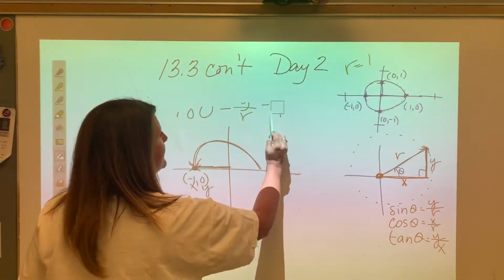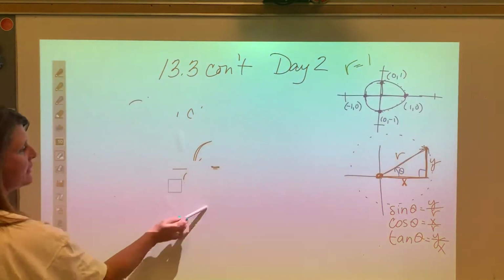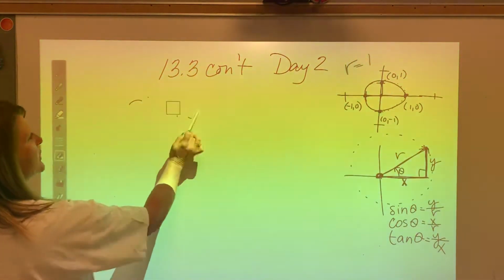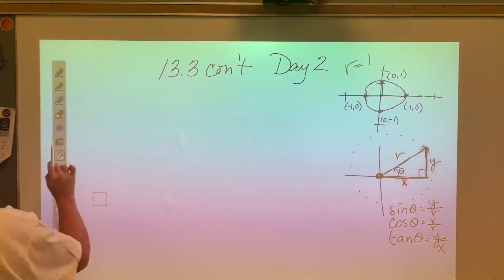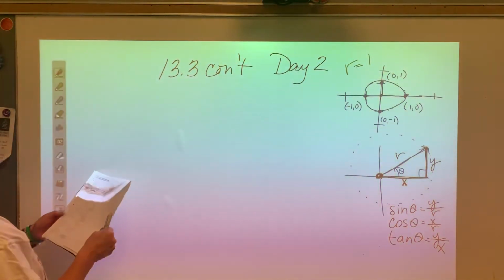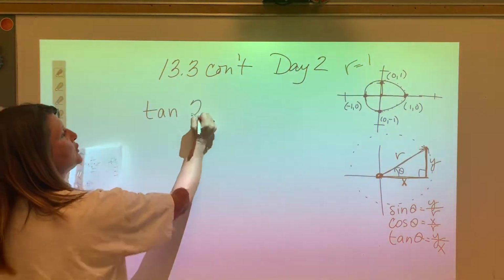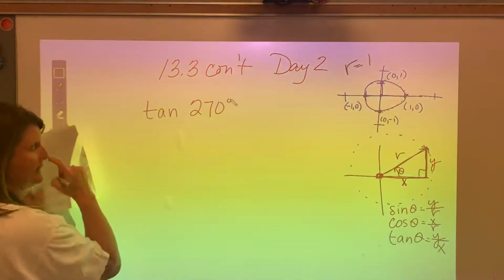And maybe I won't have to erase all of that to save me some time. Real quick, here I go. Let's see if I can get this right. Let's say I want to do the tangent of 270 degrees, okay?